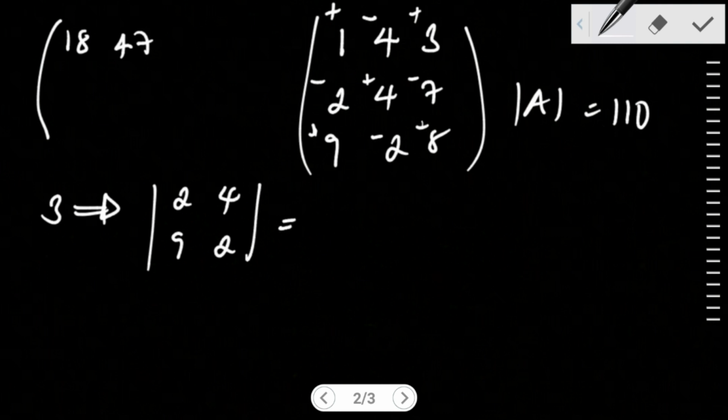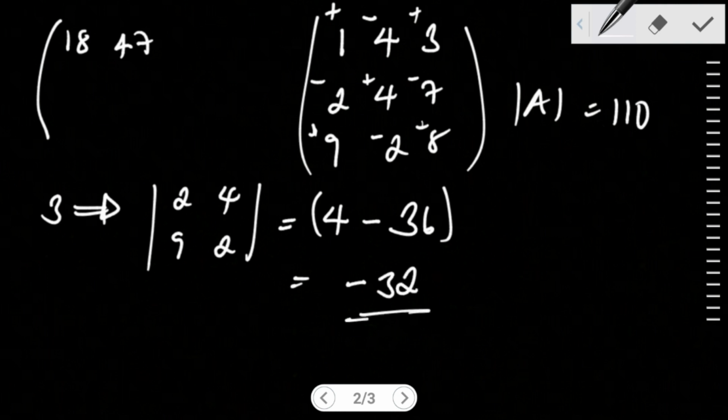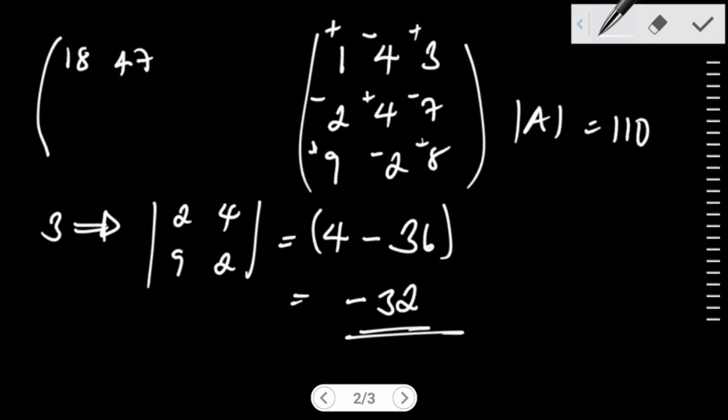This will be equal to 4 times 2 minus 9 times 4, which will be 36 in this case. If you subtract this, this is going to be negative 32. Now the sign in the position of 3 is positive, and therefore this will be negative 32 in this case.